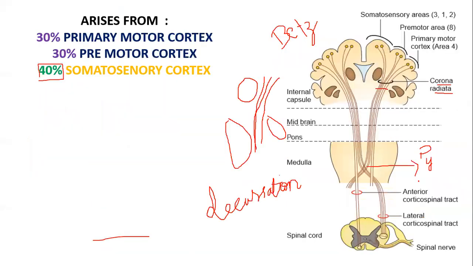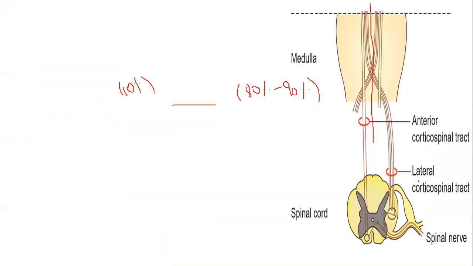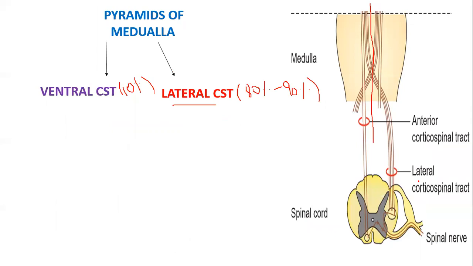After forming the lateral corticospinal tract, it is related to your lateral funiculus. From the lateral funiculus, the fibers are connected to the ventral horn neurons by means of an interneuron, also called an internuncial neuron.